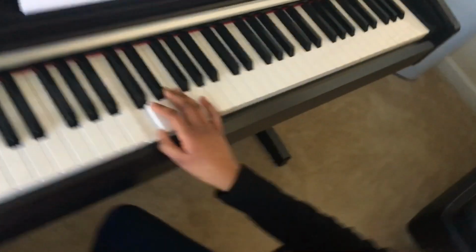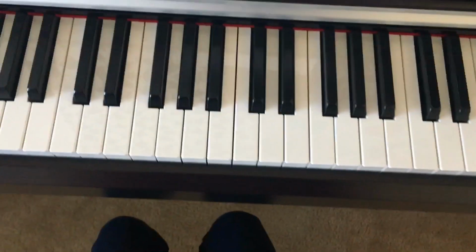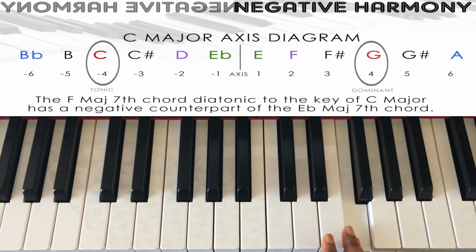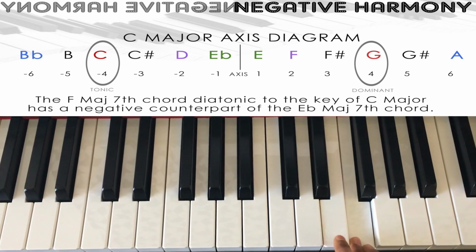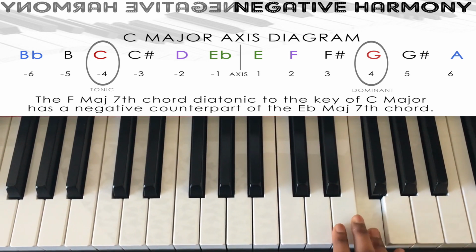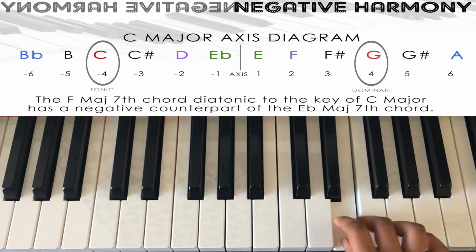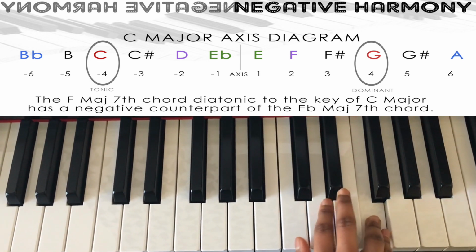Other negative pairs or symmetrical counterparts, you could have, let's say, F. As you can see, F is number 2 on the number line, because E is the positive side of the axis and that's number 1, so F is number 2.